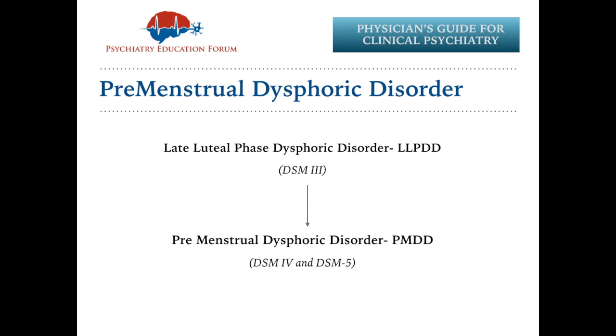The criteria were almost identical to LLPDD. And in DSM-4, PMDD was, I think, an example of something called depressive disorder not otherwise specified, NOS. But in DSM-5, we have a full diagnosis here, premenstrual dysphoric disorder. I think the code is 625.4 for premenstrual dysphoric disorder.